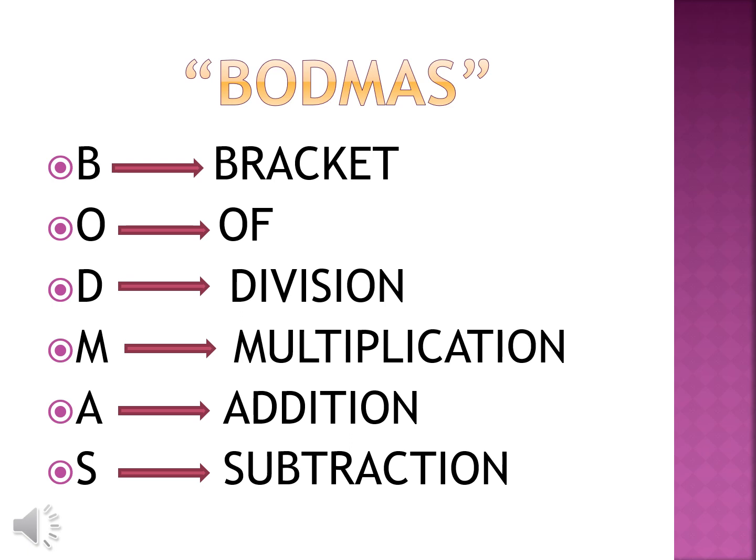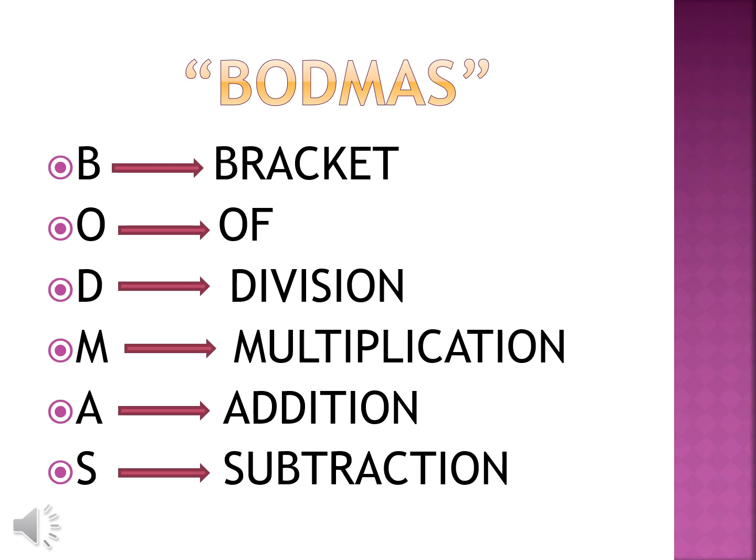So this rule gives us the sequence of operations that you have to follow, right? If you change this sequence like the three students did, the answer will be different. But if all of you follow this sequence of solving the question, all of you will get the same answer. So B stands for bracket.